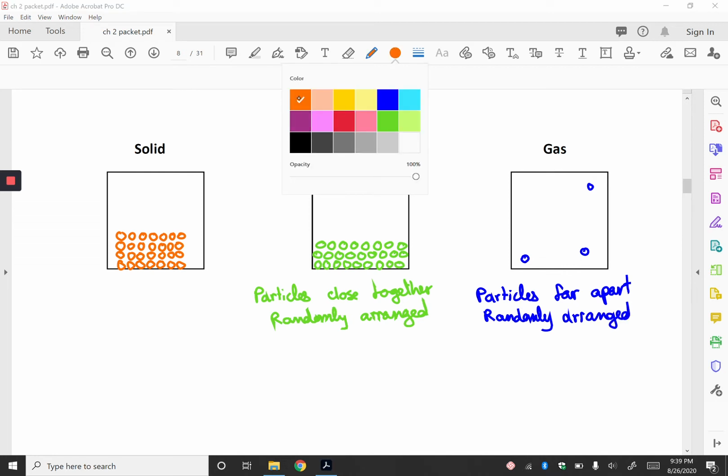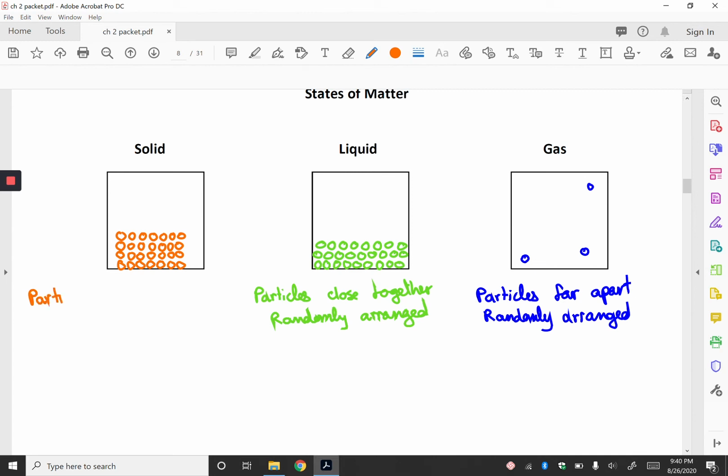And here particles are close together, but they're in this nice ordered crystal. So very high ordered arrangement.